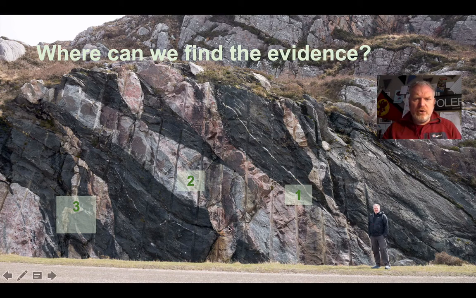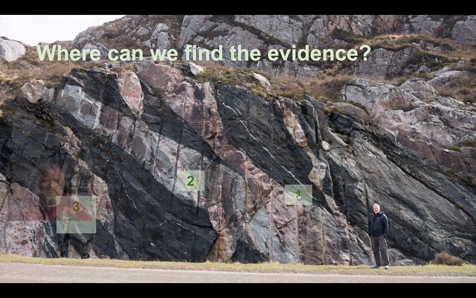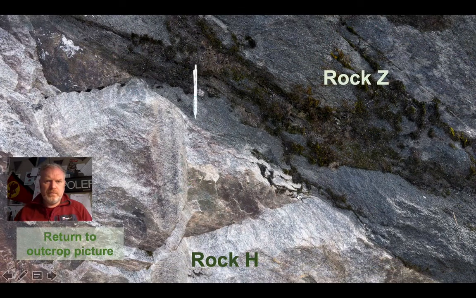Okay, let's go and have a look at these sites then. This is location 1 on our site. Here we've got a pencil for scale, and here we can see rock H and rock Z next to each other. We need to think about what the boundary between these two might be.